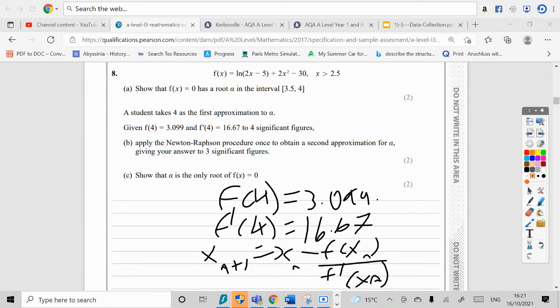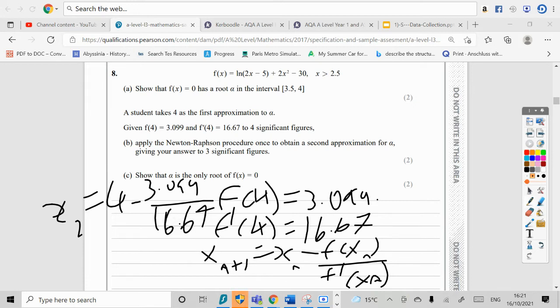So the second approximation, x2, it's a subscript, is 4 minus the 3.099 all over the 16.67.